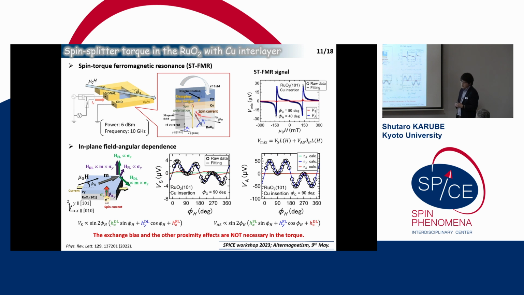Then of course, we also tried to investigate the copper insertion case, as shown here, and found similar results. So we concluded the exchange bias and the other proximity effects are not necessary for this spin current generation.